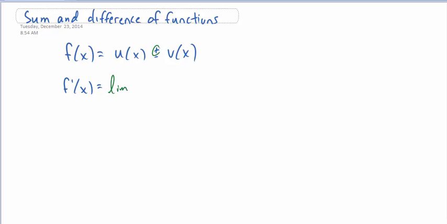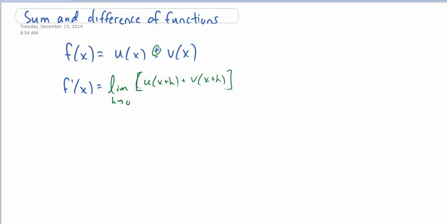And we're going to do it for the sum of 2. To derive plus or minus, sum and difference, we'd have to do this twice, but the same thing is going to hold. Limit as h goes to 0 of, now we're going to do f of x plus h, so that's going to be u of x plus h plus v of x plus h.